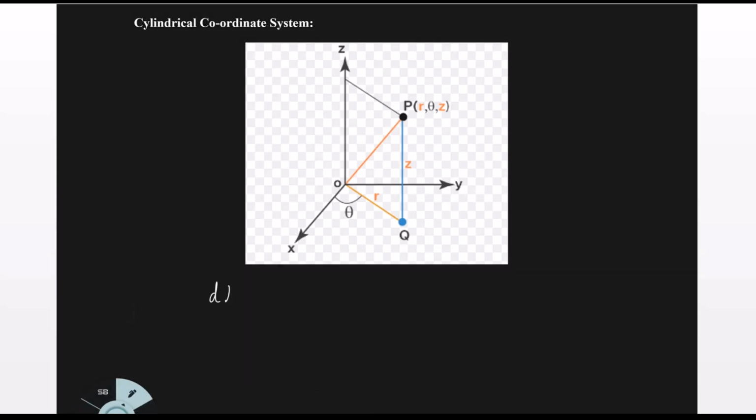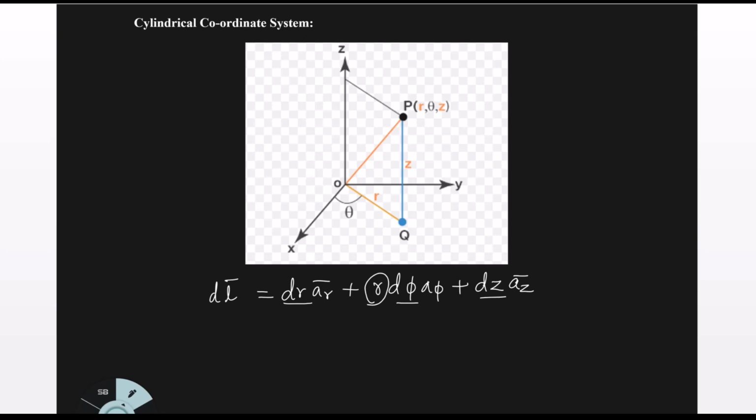Differential length in the cylindrical coordinate system: dl vector equal to dr ar vector plus r d phi a phi vector plus dz az vector. Comparing Cartesian to cylindrical, dr replaces dx, d phi replaces dy, and dz remains dz, but the r term is included in the cylindrical coordinate system.